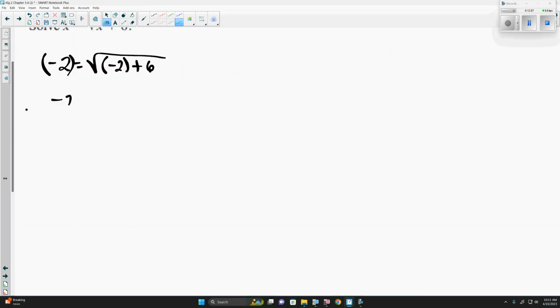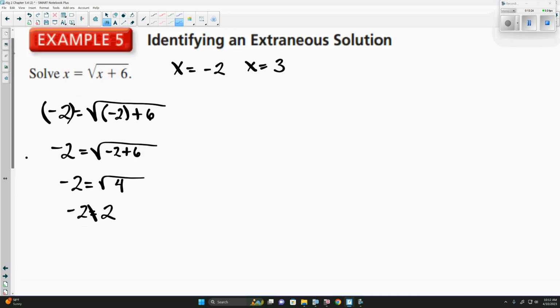On the left-hand side, we would just have negative 2. On the right-hand side, we'd have the square root of negative 2 plus 6. Well, negative 2 plus 6 is 4. Square root of 4 is 2. Is 2 equal to negative 2? No. So that tells us that x is equal to negative 2 is an extraneous solution and does not work.